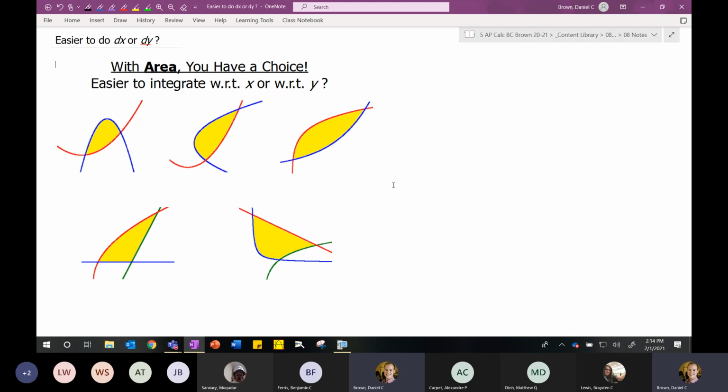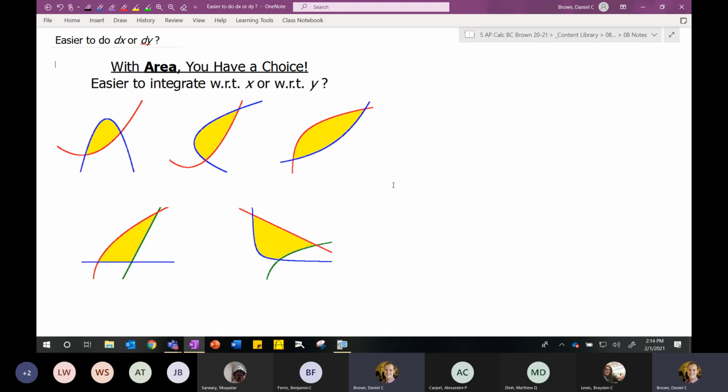So take a moment and look at those 5 for me. Again, I took away the numbers and the actual equations. That top row is just 2 graphs creating that yellow region. The bottom 2 have 3 graphs creating the yellow region.